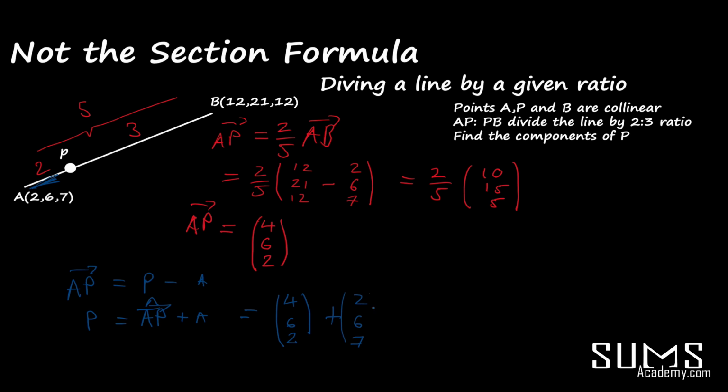And that's going to equal 4 plus 2 is 6, 6 plus 6 is 12, and 2 plus 7 is 9. So the final answer for P is P equals (6, 12, 9). And that's your final answer here.